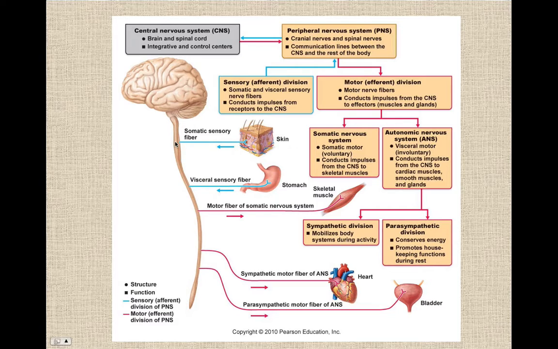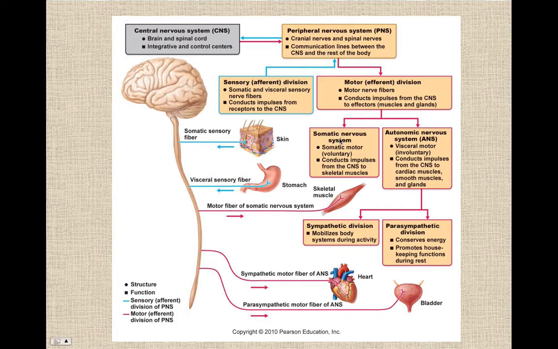It can either synapse there and come right back out, or it can go up into the brain, go through integration, let the brain decide what's happening, come back down, and then come out as a motor division, which would be this motor nerve fiber. It conducts impulses from the central nervous system to effectors. Efferent is effectors. Okay, so they're creating some response here.